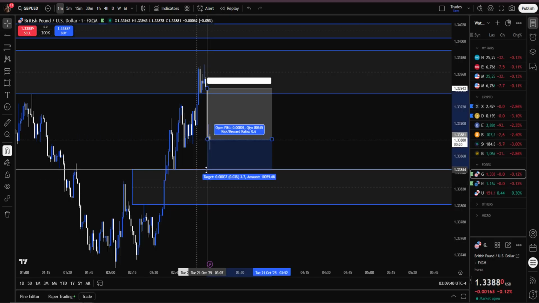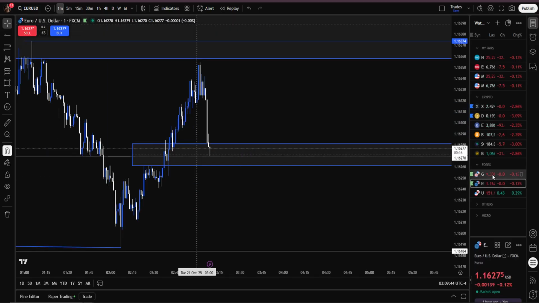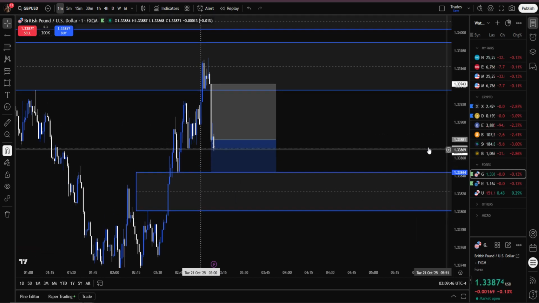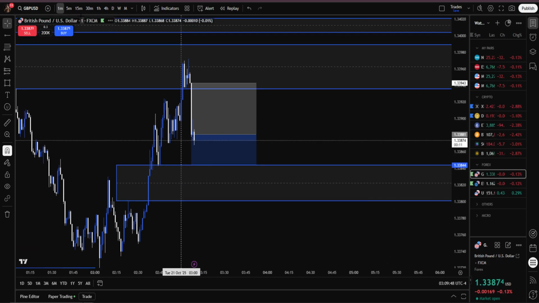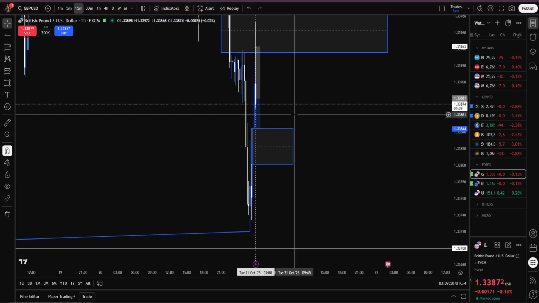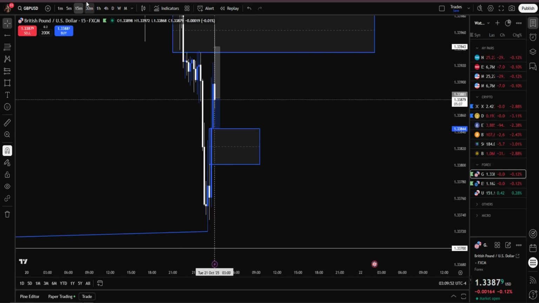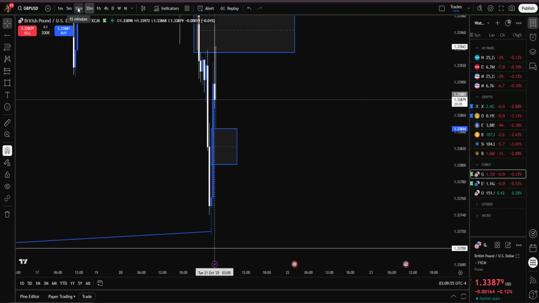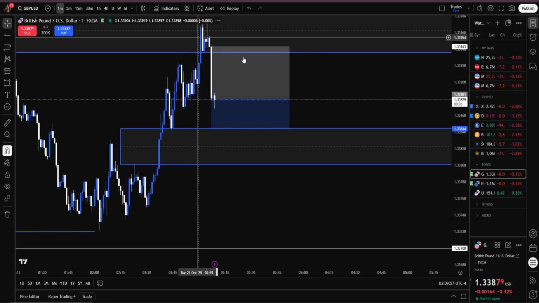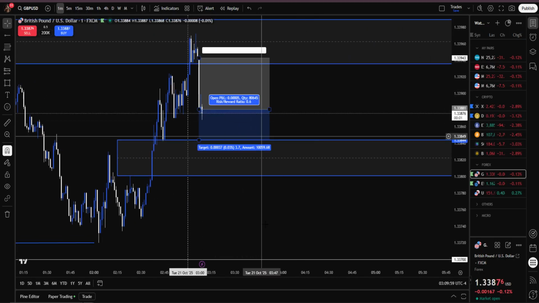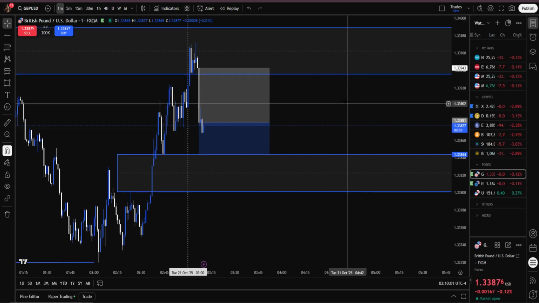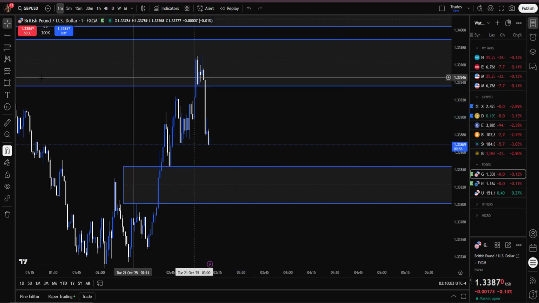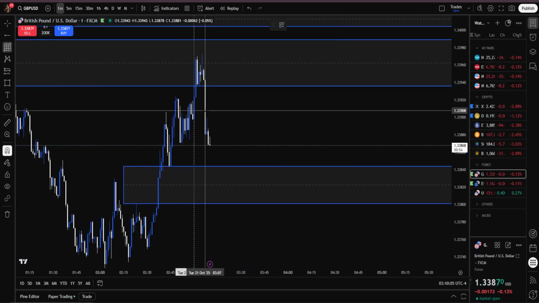I just cannot place my stops anywhere. But what we could do is invalidate this massive imbalance right here. And if we do that and then get kind of a late entry, we could maybe take that. We also could literally get equilibrium here or something.